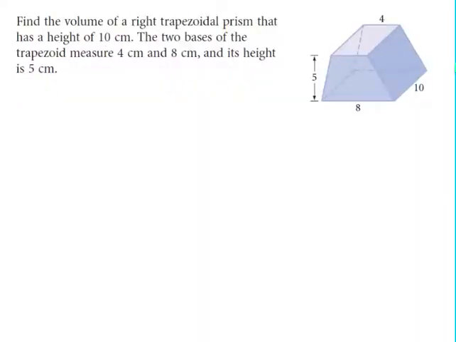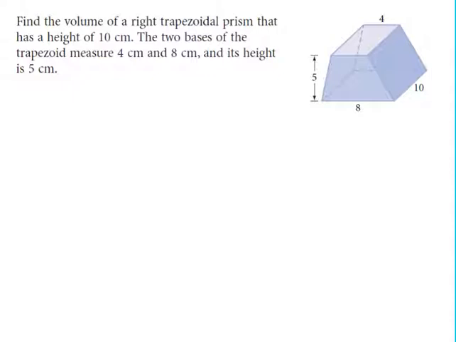Find the volume of a right trapezoidal prism that has a height of 10 centimeters. The 2 bases of the trapezoid measure 4 centimeters and 8 centimeters, and its height is 5. If we remember what the formula was, the area of the base times the height. They've already specified that the front and the back are the bases.